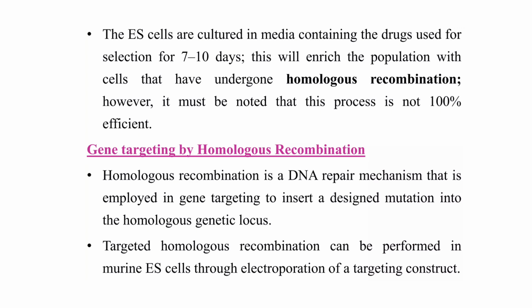And then let's look at gene targeting by homologous recombination. Homologous recombination is a DNA repair mechanism that is employed in gene targeting to insert a designed mutation into the homologous genetic locus. The targeted homologous recombination can be performed in murine, that is mouse, embryonic stem cells, through electroporation of a targeting construct.